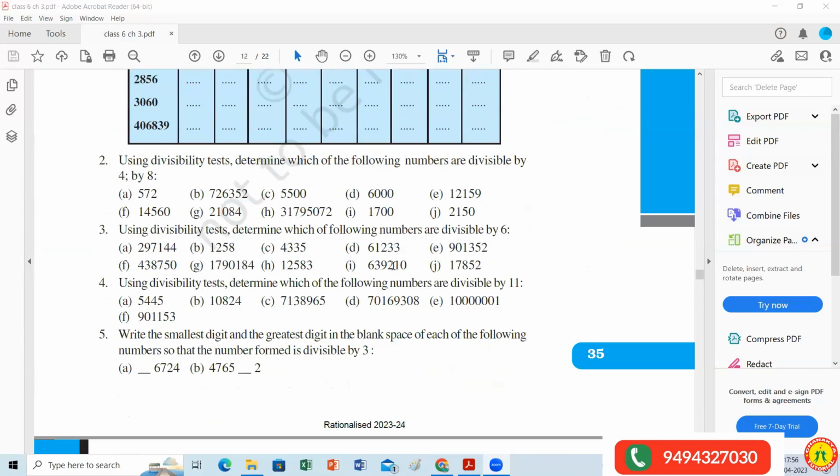Yes, absolutely, those are co-prime numbers. What are the factors for 3? 1 and 3. For 5, 1 and 5. What is the common factor for 3 and 5? 1. It's the highest common factor also, 1.